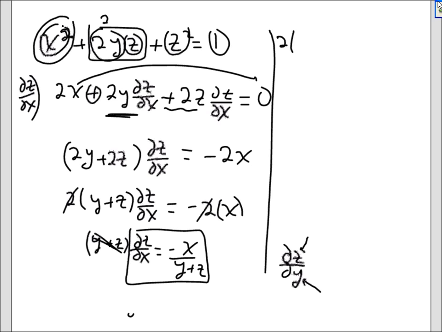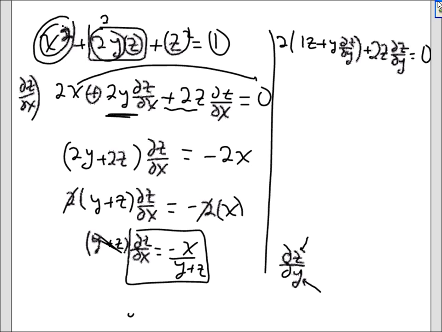So the partial is the derivative of y, which is 1, times the z, plus the y times the partial of z, which is dz dy, plus the derivative of z squared, which is 2z times the partial of z with respect to y.